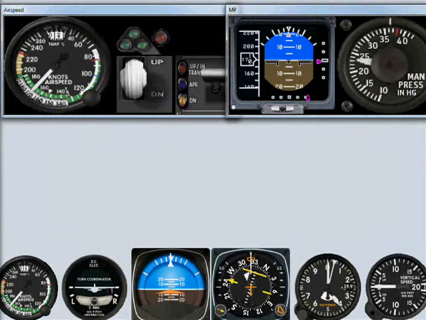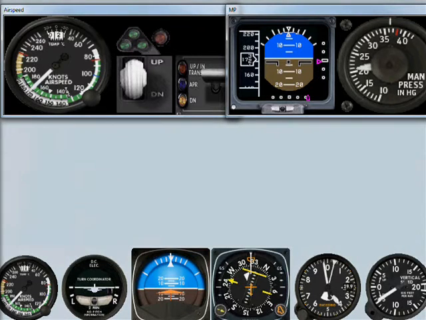Beginning in level cruising flight at 170 knots and 4,000 feet, we begin a cruising descent by reducing pitch attitude from 0 degrees to -2 degrees and manifold pressure from 23 inches to 20 inches.